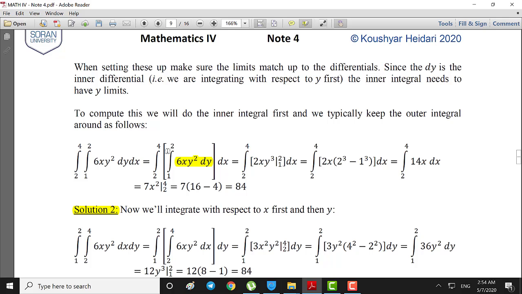We have to first calculate the result of this integration in the brackets, and then we have to calculate the result of the outer integral.